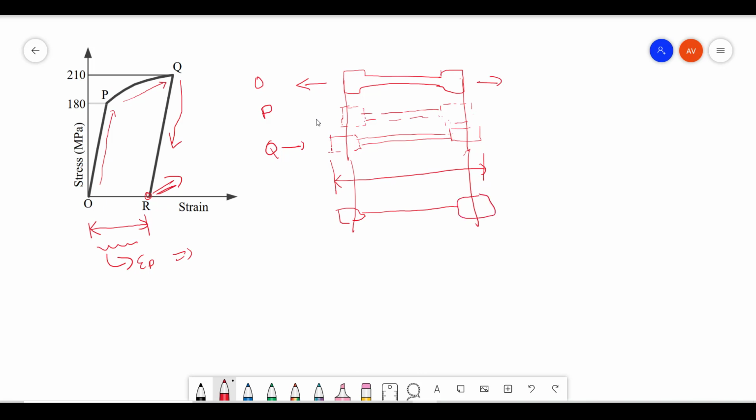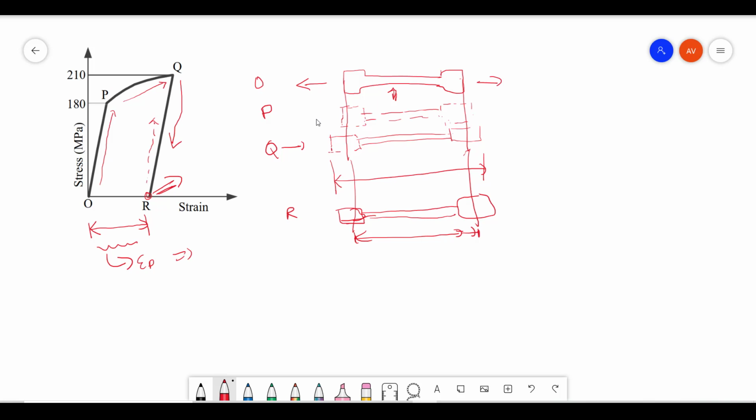That means upon loading and reaching this point, your specimen would have still been deformed, and it would have been elongated more than what was here. So when you start loading again from this point, it won't deform so much. It won't deform much if you load again. It will go again in this path.